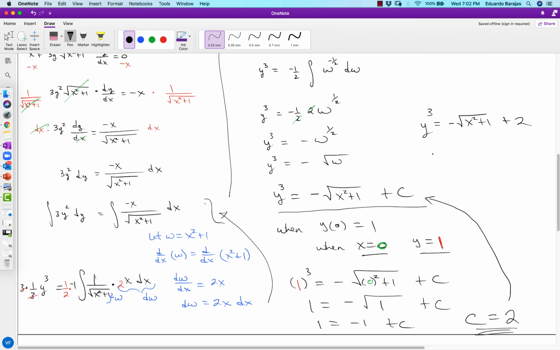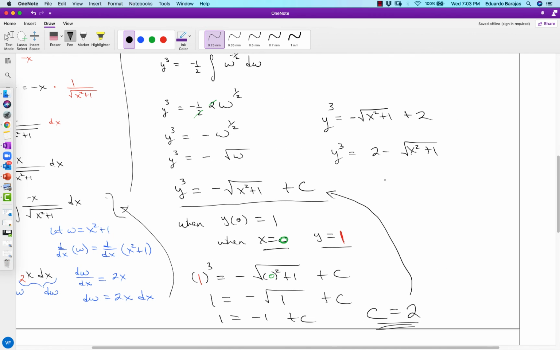which, if we flip it around, we get y to the third power equals 2 minus the square root of x squared plus 1. Looks a little nicer if you can. And finally, we can just easily take the cube root of both sides and solve for y. So then y equals 2 minus the square root of x squared plus 1, and then the whole thing is being raised to the 1/3, the cube root.